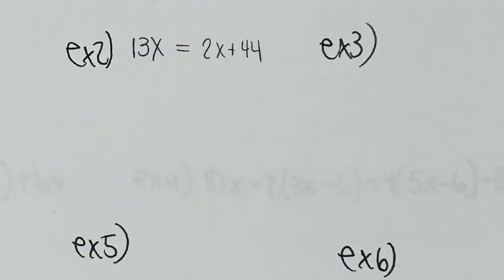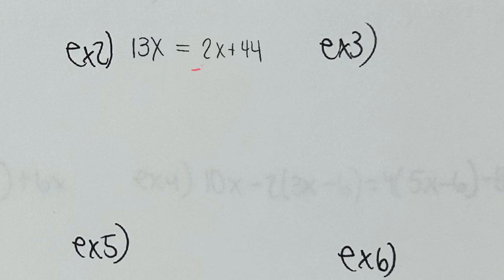All right, example 2. Write down 13x equals 2x plus 44. In this house, who's living in this house? X's. Over on this side, the right side, who's living in this house? X's and numbers. So I need to move these x's to the left side.